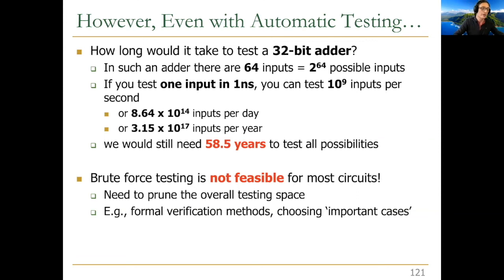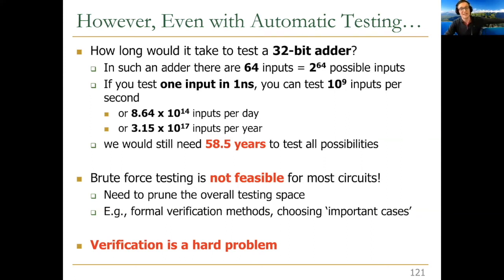Or you could do a combination of formal verification and testing, etc. I'm not going to go into the details, but this is one of the reasons why verification is a hard problem. In addition to everything we discussed, in the end, you're really limited by the time to test. As a result, more than 70% of the design time of a cutting-edge microprocessor is spent on testing. That's true for memory also. More than 70% of the time of memory, like DRAM, for example, is spent on verification and testing.